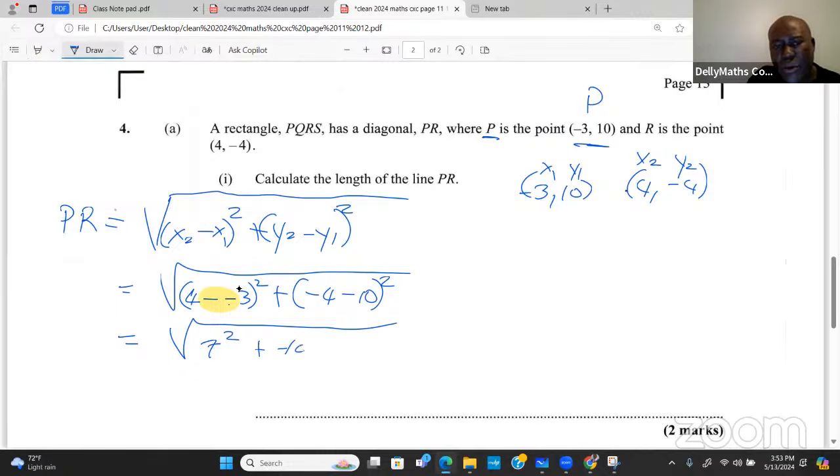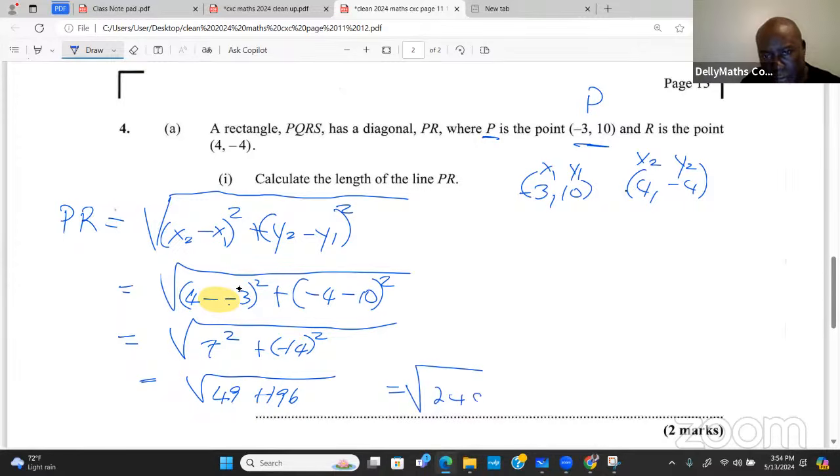Plus this is -14. Be careful with your calculator with the negative numbers, right? So this is going to be 49 plus 196. All right, so when you square that, you get 196. So let us see what we actually have. 196 plus 49 is giving us the square root of 245, right?